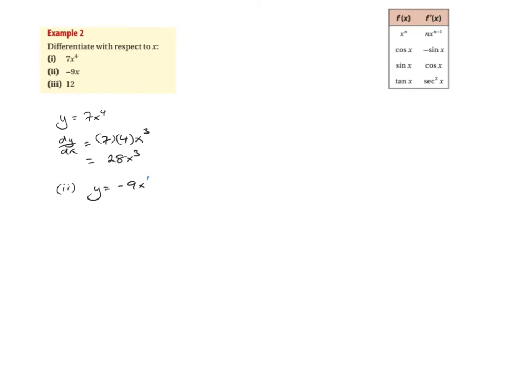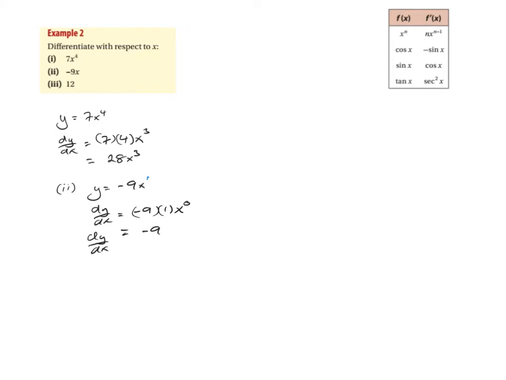So if we bring down the power, so rewrite the 9 first of all, dy/dx is equal to minus 9 multiplied by 1, rewrite the x, take 1 off the power, we get x to the 0, which now means that we have minus 9 times 1 times x to the 0. Any number to the power of 0 is just 1, so we end up with minus 9. So dy/dx is equal to minus 9.